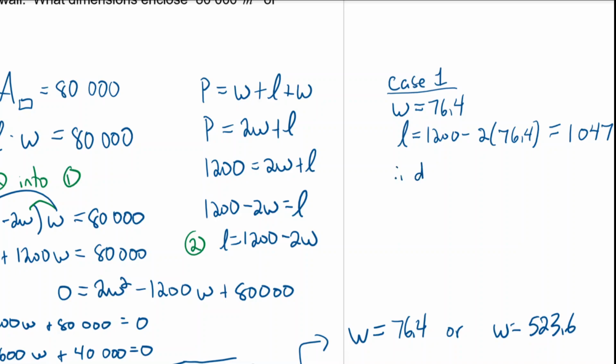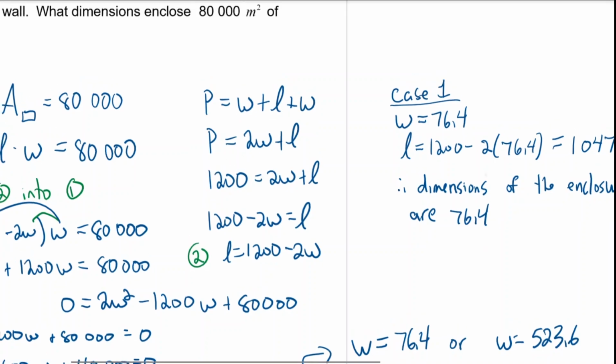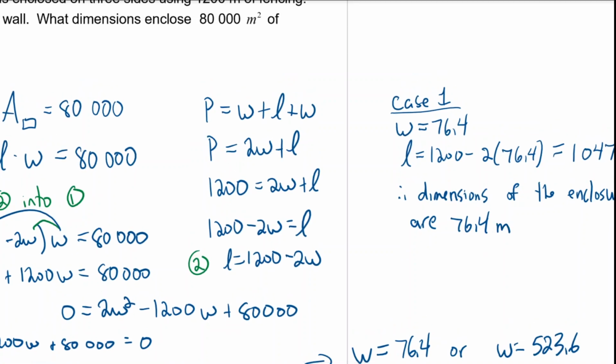So in case 1, the dimensions of the enclosure are 76.4 meters by 1047.2 meters.